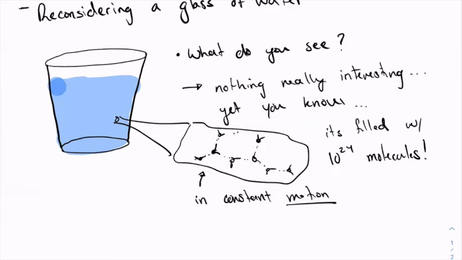They are continuously vibrating, rotating, tumbling over each other in what is a fairly chaotic behavior. And yet when we look at that glass of water, we don't see any of that excitement. We just see a boring old bulk liquid.